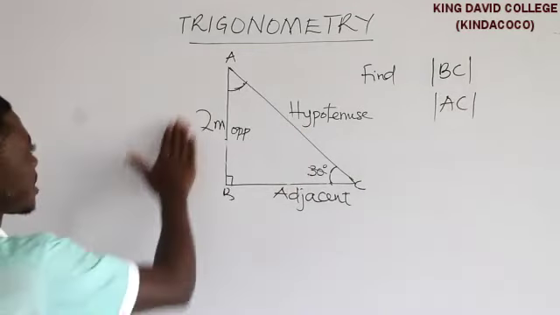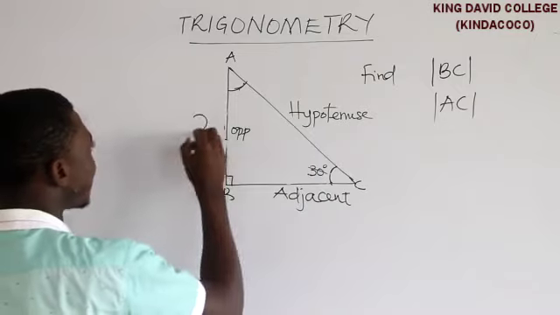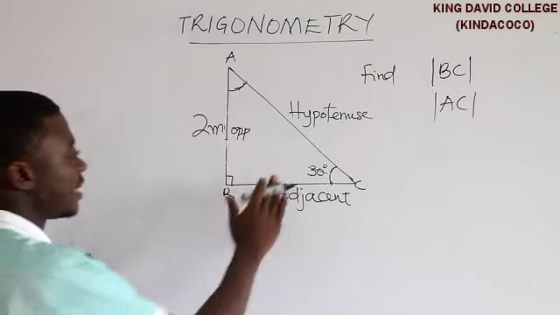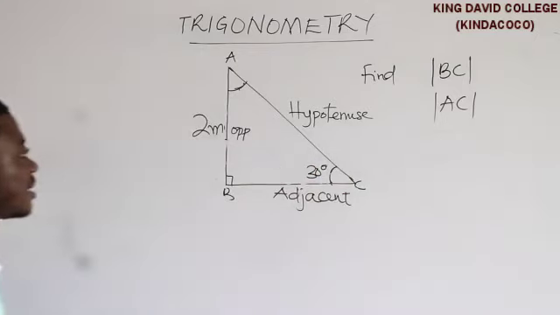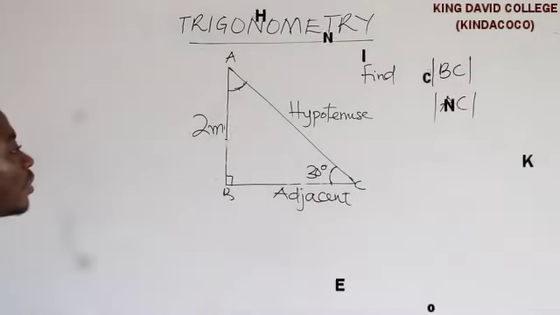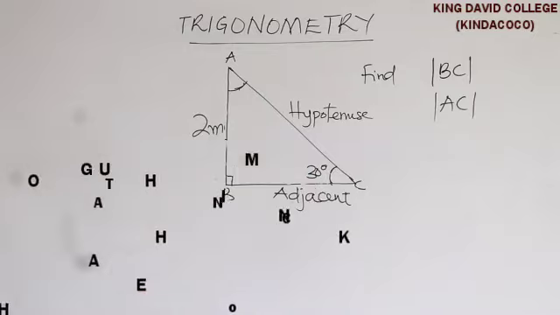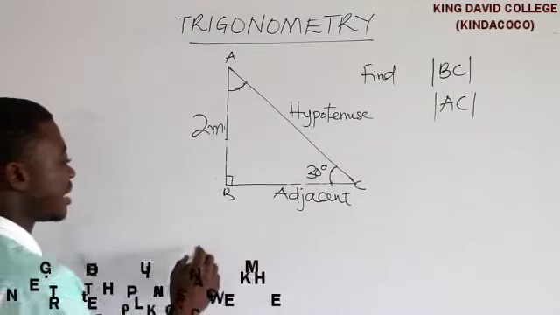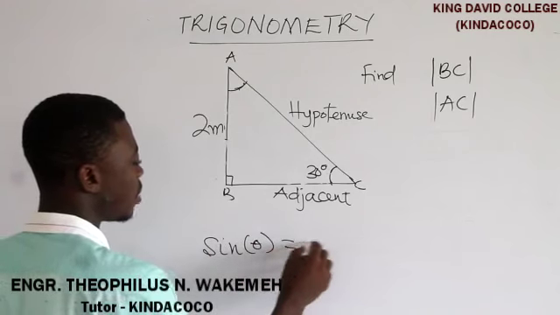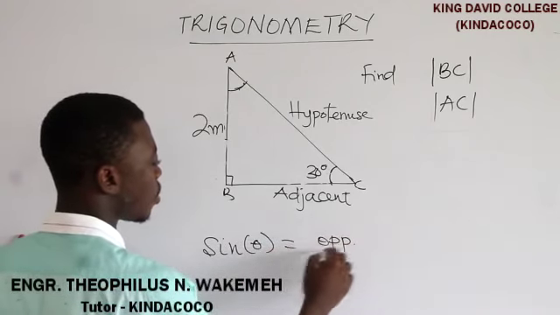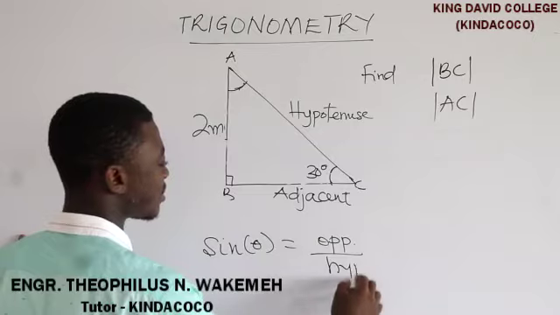So we know our opposite here to be 2 meters, given the position of the angle. So let's use sine. Sine theta, we know it to be opposite over hypotenuse.